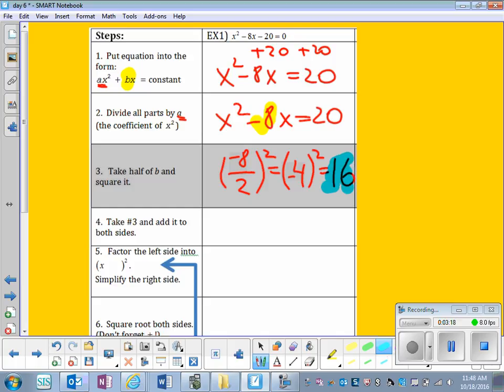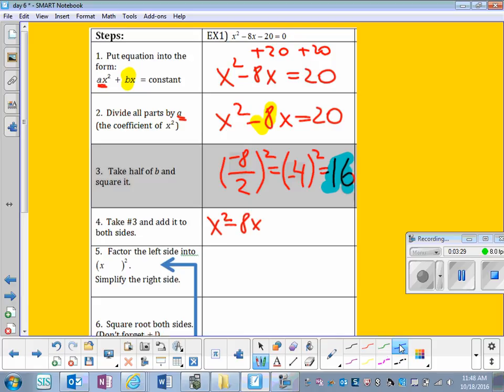I rewrite my last equation, x squared minus 8x, plus 16 on this side, equals 20 plus 16 on the other side. See what I did? I rewrote the equation from step number 2, and then I added my 16 on both sides, right here.